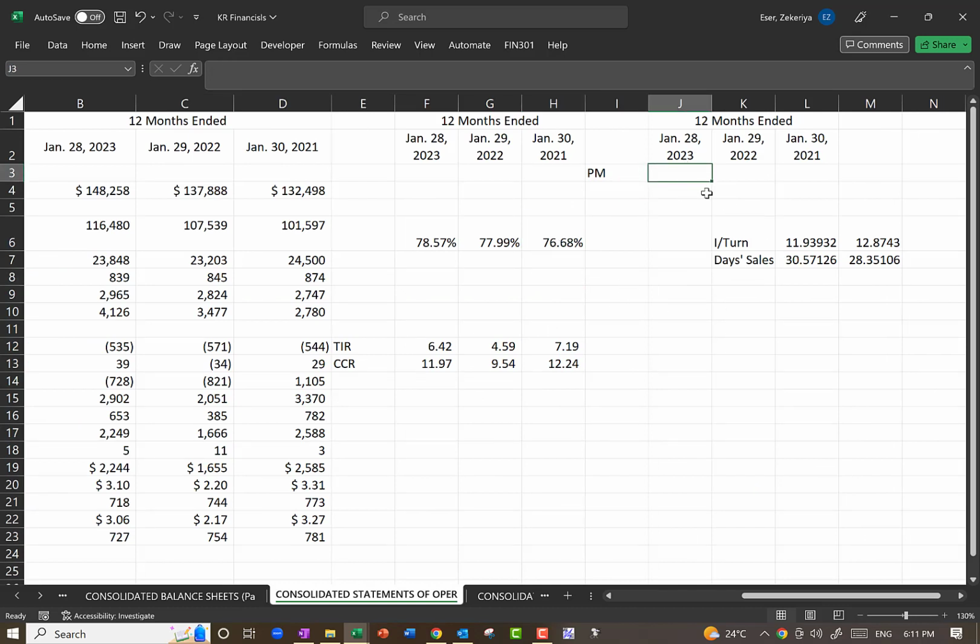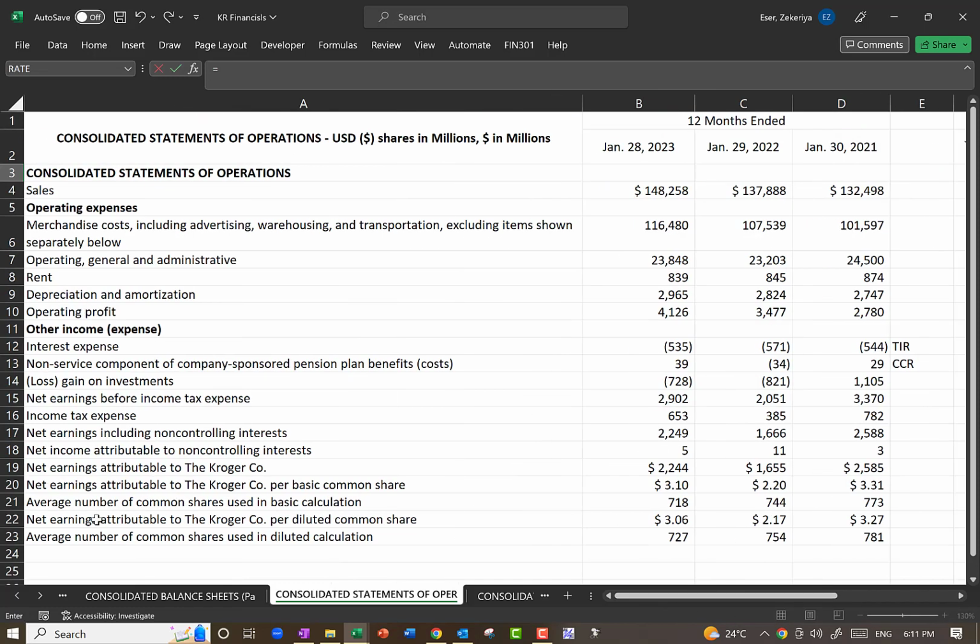But let's calculate it anyway. How do these guys call it? Net earnings, including non-controlling interest, divided by sales.